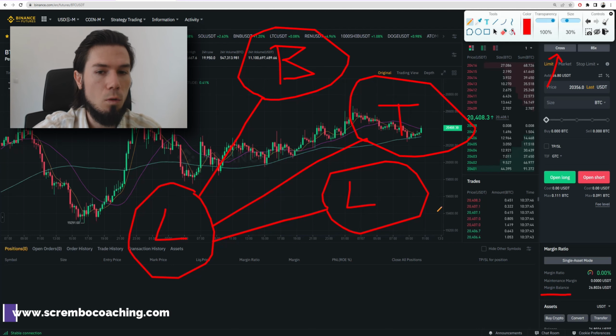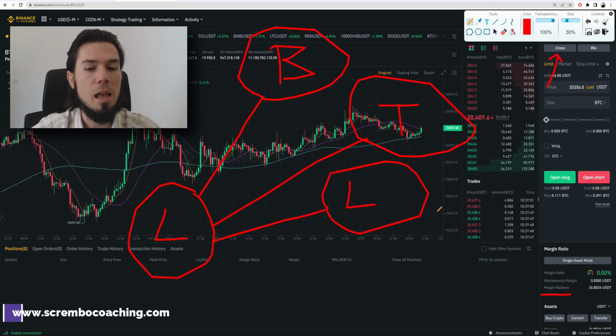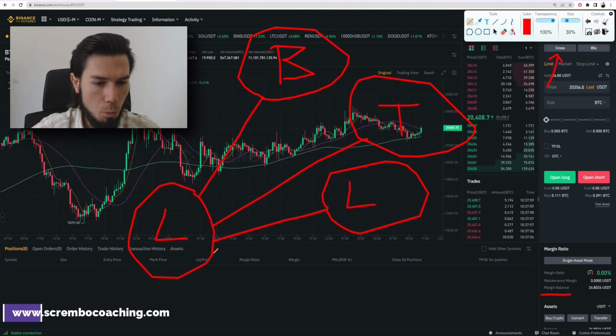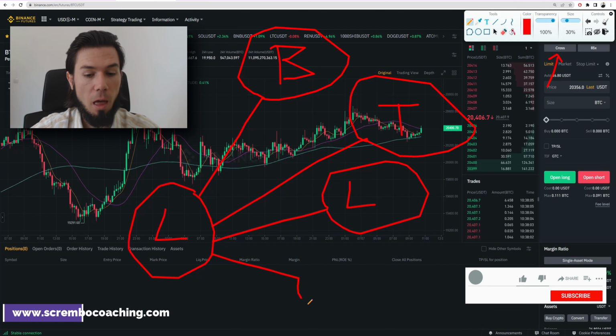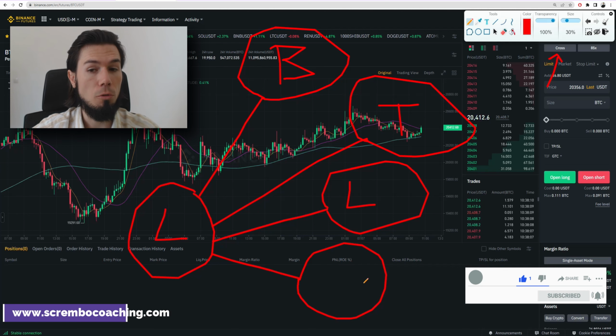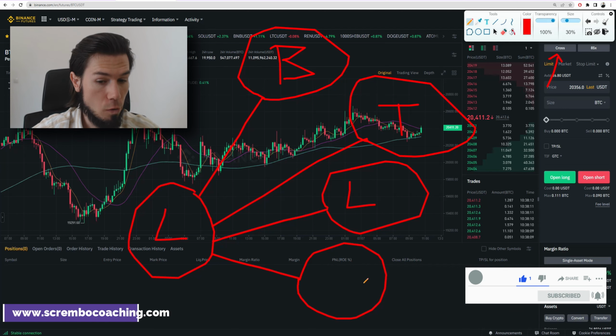Whether you go 10x or 20x, there are differences, and that has a heavy representation in your liquidation price. Then what else do we have? Basically, we have the Binance calculation engine for the liquidation price, which has its own index depending on volatility and market conditions. So we're going to mark it with the letter E.